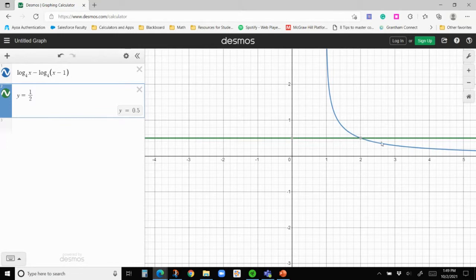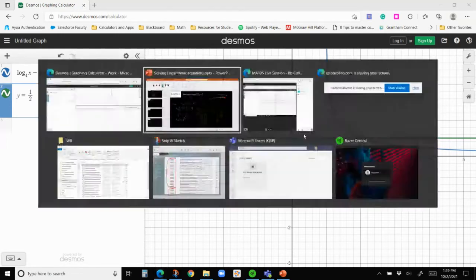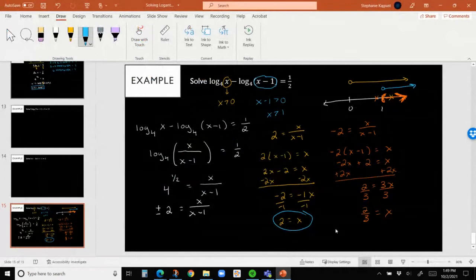So we have just verified that the correct answer is indeed 2, and that the 2/3 was an extra solution we got that doesn't actually work because it's not going to work in the domain.